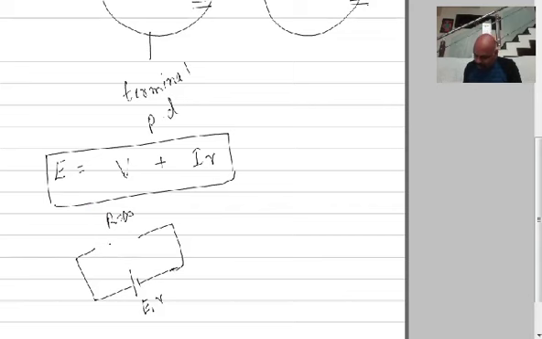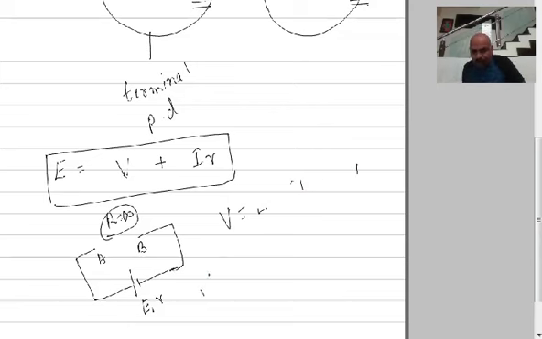Now if you measure the terminal potential difference between the points A and B, that terminal potential difference when R is equal to infinity is the EMF of the cell. That means V is equal to E if R is equal to infinity.